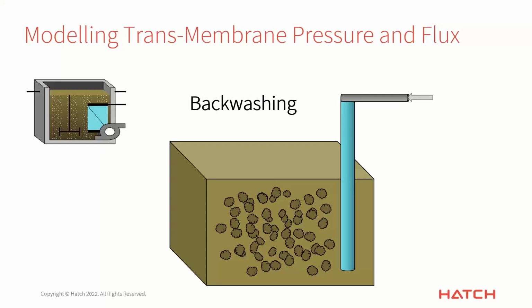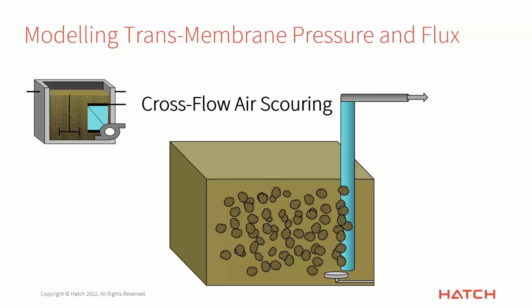We incorporate in quite some detail a complete mass balance of all of the particulate state variables, the particulate components of this mixed liquor, onto and off of the membrane. That's happening 100% of the time, along with all of the other stuff, the aeration models and the biological calculations. This backwashing effect is also happening. In addition, as we mentioned before, we have this cross-flow air scouring. We're bubbling bubbles over the surface of that membrane, and that removes some of the solids.